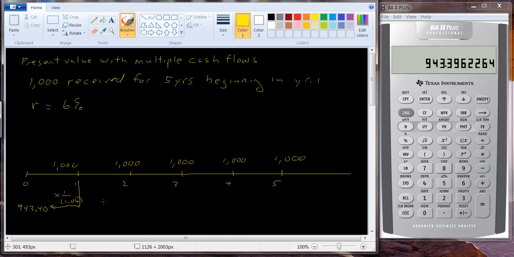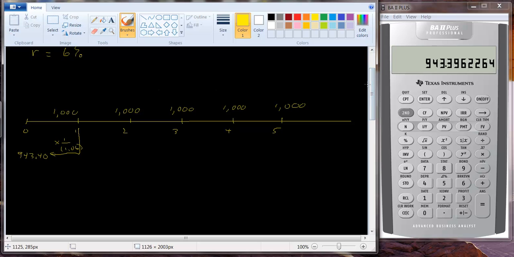$943.40. All right, I have to bring back this second cash flow, but I have to bring it back 2 periods. So I'm going to have to multiply by 1 over 1.06 squared. So let's do that.